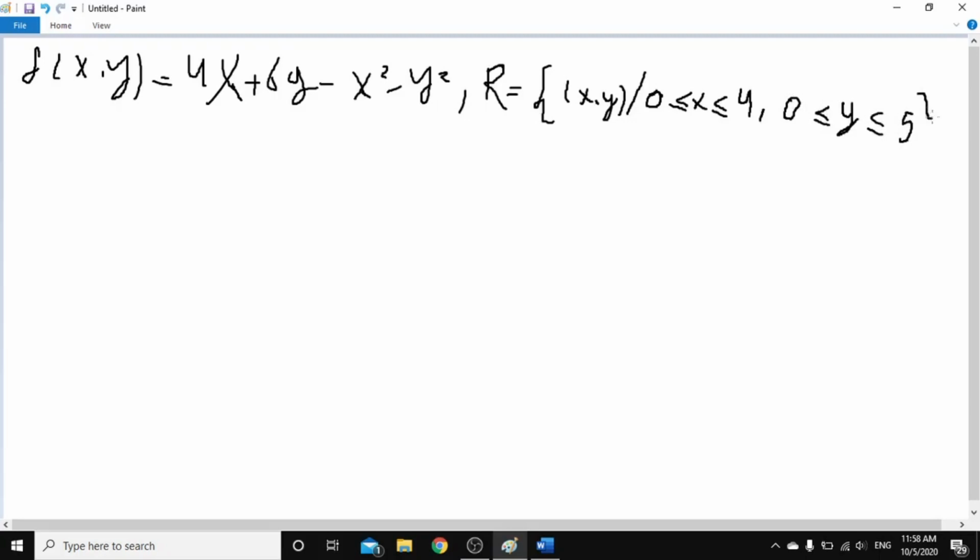Okay, so this is the information for this question. So we need to find the absolute extreme values.